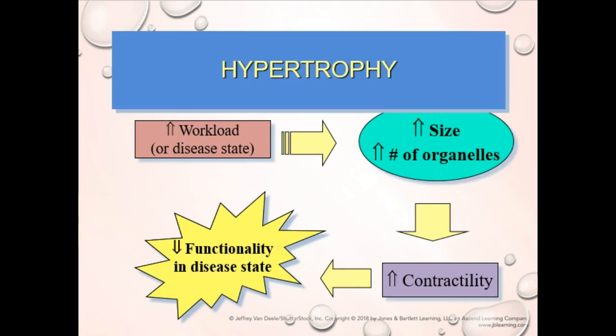Hypertrophy. So you have an increased workload. Now, this could be normal, such as an increase in muscle size if we work out and lift weights, but this can also be with disease. I think a great example of this is the heart.